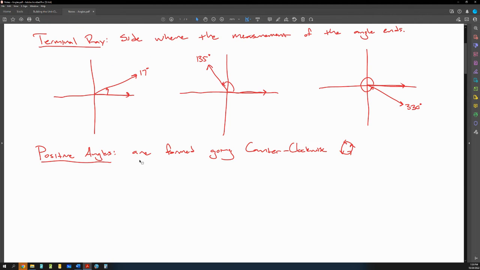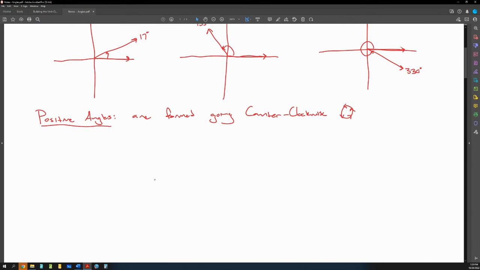So you might be able to guess what a negative angle might look like. If going counterclockwise is the positive direction, then it would make sense that if we go in the opposite direction, it's going to be a negative angle, and that would be true. So negative angles are formed going clockwise.